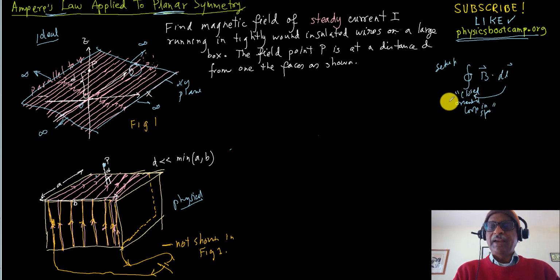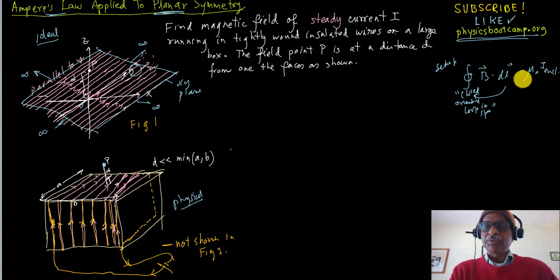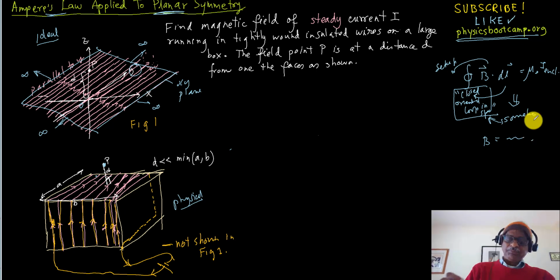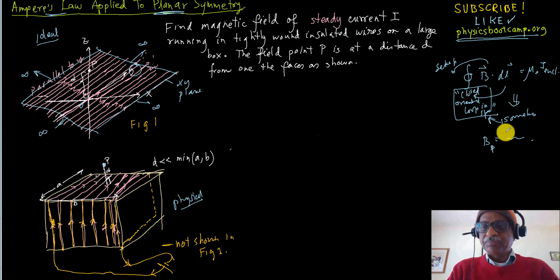Once we do this, the integral should equal mu naught times I enclosed. In setting this up, B somehow comes out of the integral with an appropriate choice and arguments for that. This leads to B at, say, point P equals something.